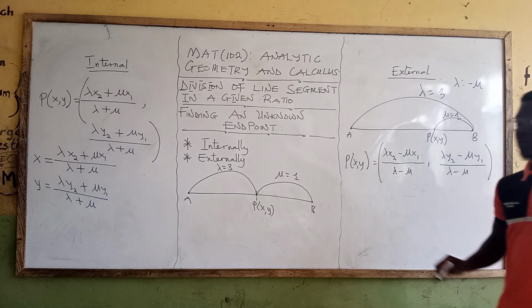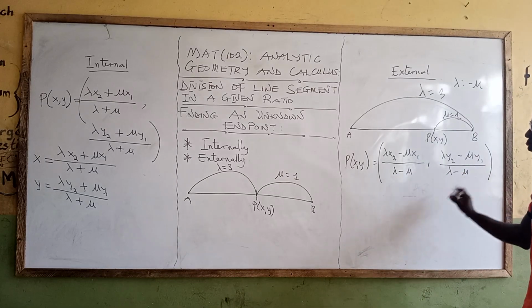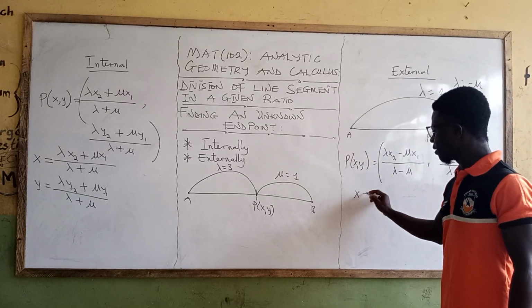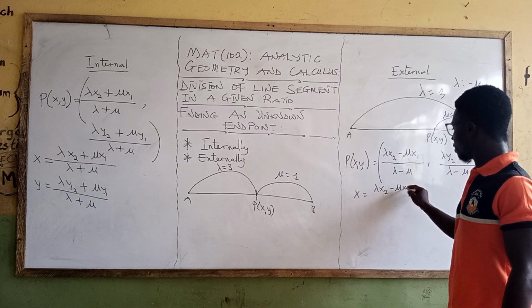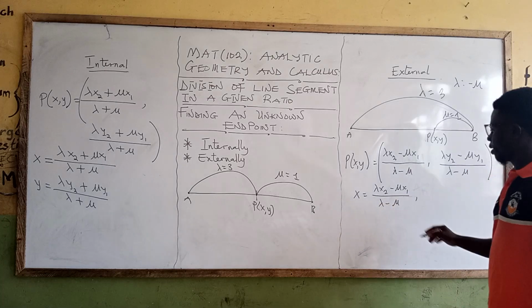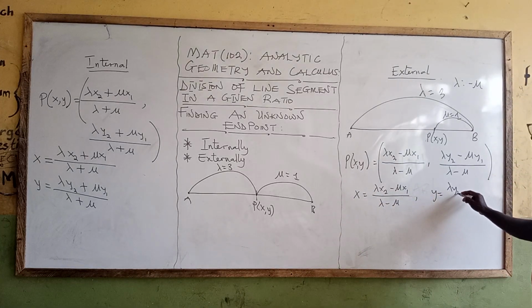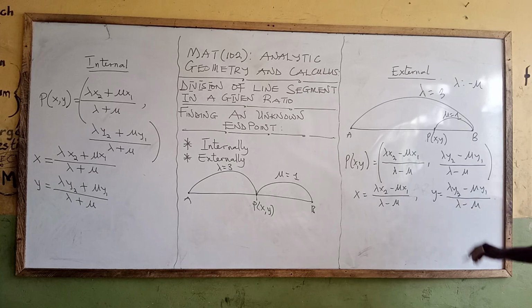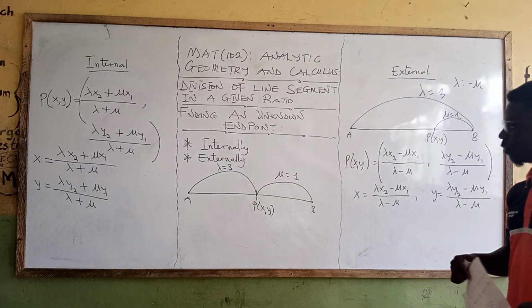So my x coordinate is lambda x2 minus mu x1 divided by lambda minus mu, and my y coordinate is lambda y2 minus mu y1 divided by lambda minus mu. This is what is going on here.